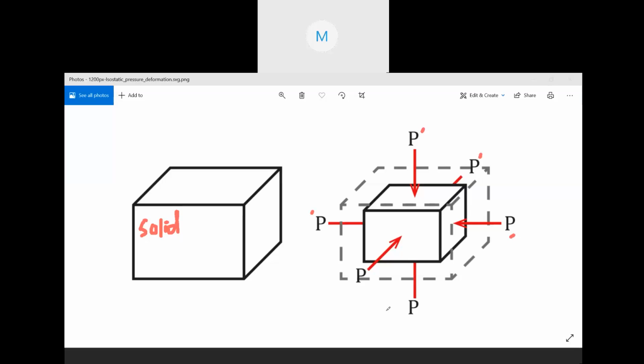If you apply the force from all directions, what will happen? These dotted lines are the original outline. Once stress is applied from all sides, the volume gets reduced. This is the new volume.